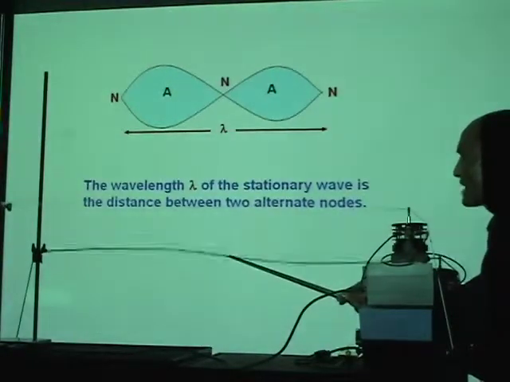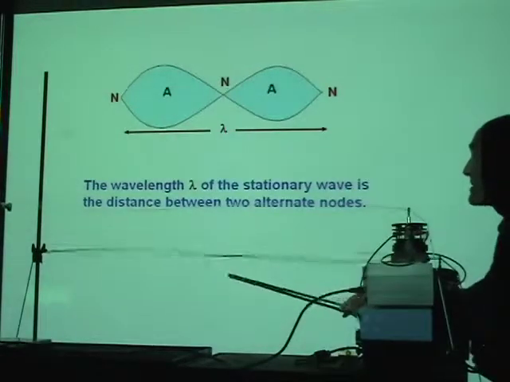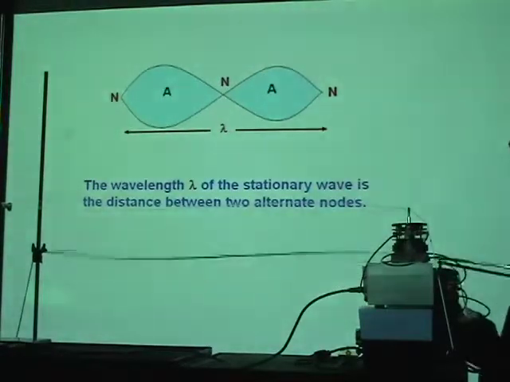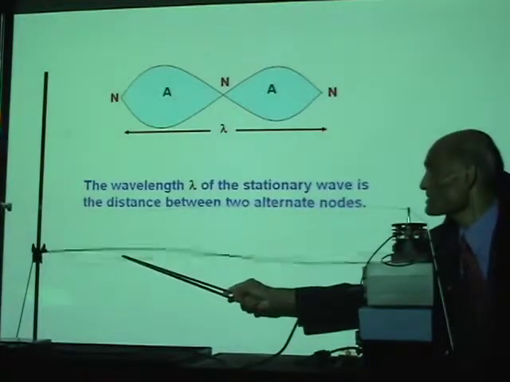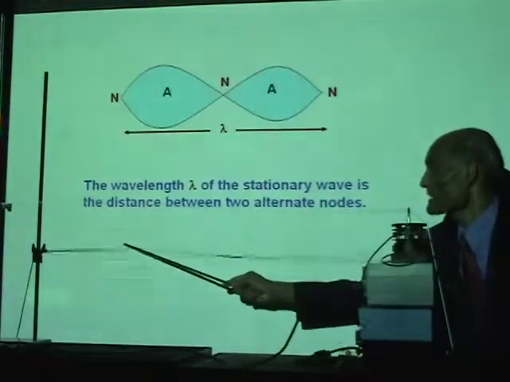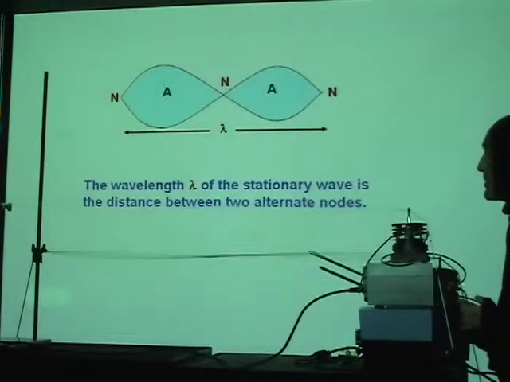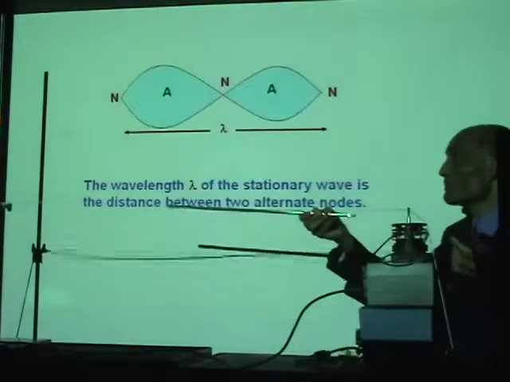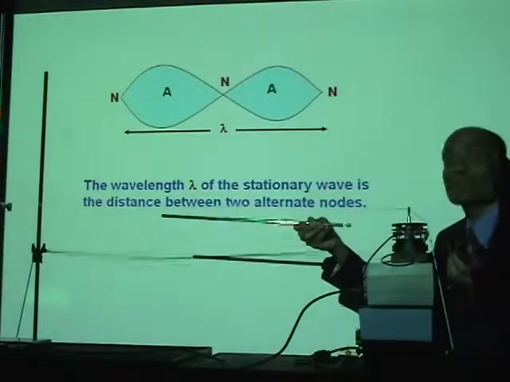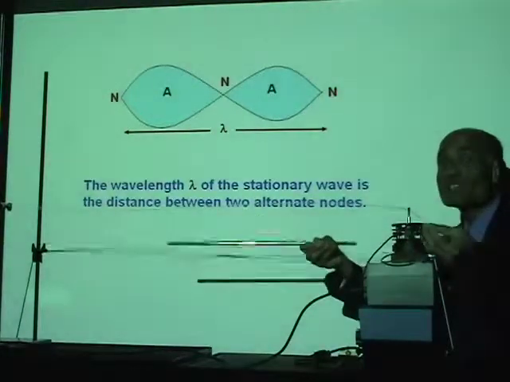A particle here or a segment there never has any displacement. That's a node, this is a node, and that is a node. Here's an antinode. A particle will have maximum displacement, and here again is an antinode. If you notice, what the string actually does is the segments of the string are having maximum and minimum displacement alternatively.